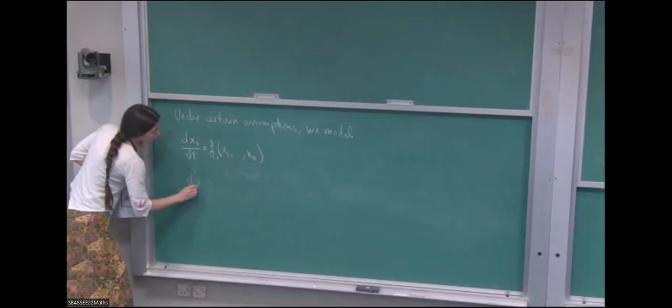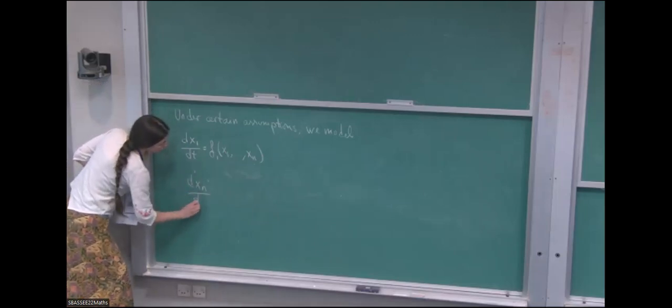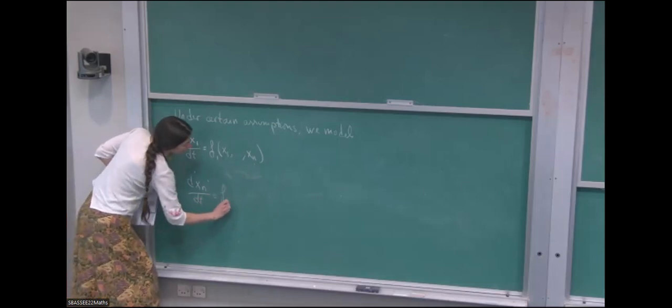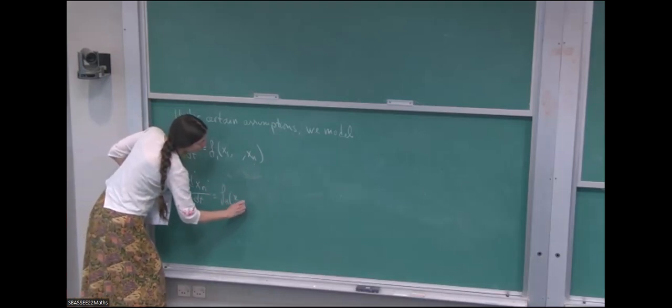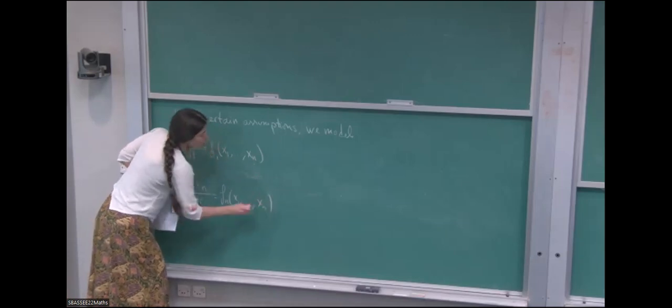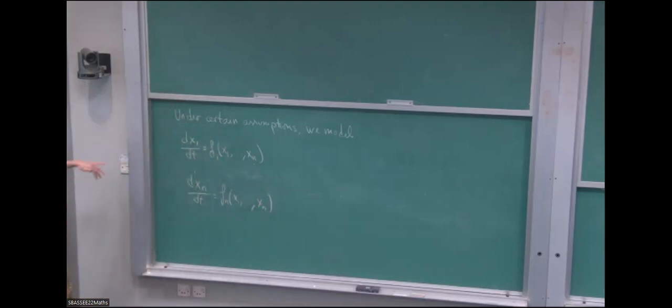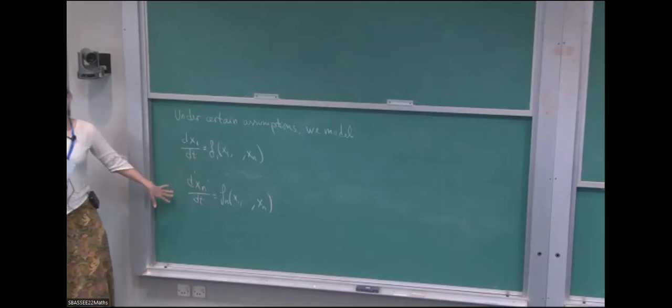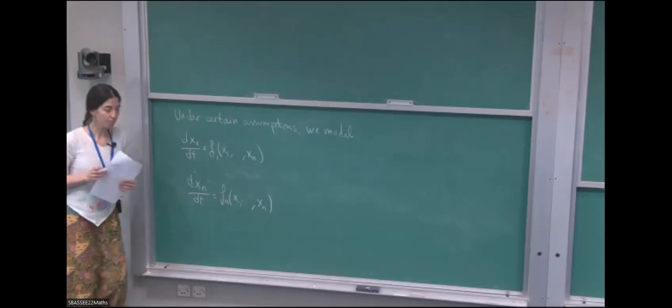So we will have one such function for each of the concentrations of the species. So we have n functions for n species. And this gives us an autonomous ODE system.